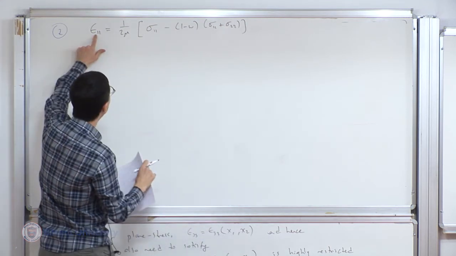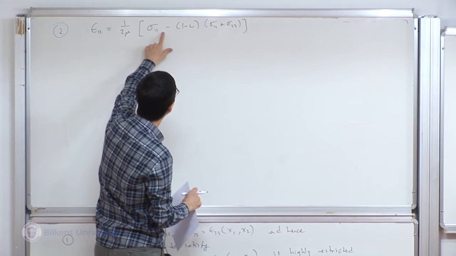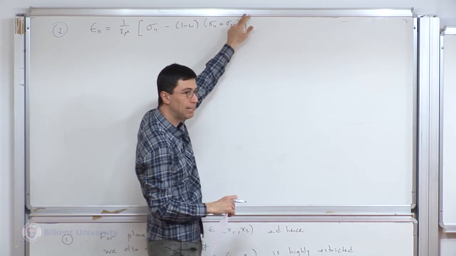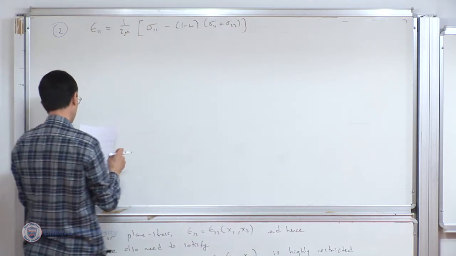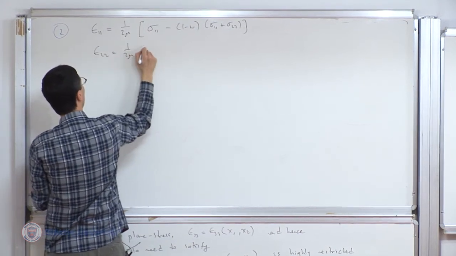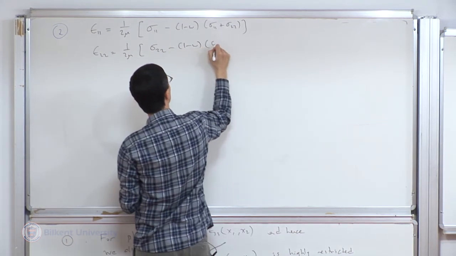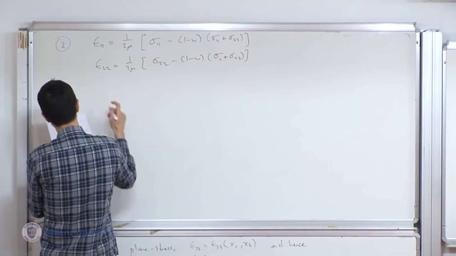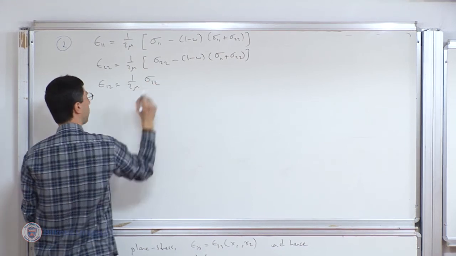So I had epsilon alpha beta equals 1 over 2 mu, sigma alpha beta minus 1 minus omega, that multiplying delta alpha beta. In this case, I'm looking at the 1,1 component. Delta alpha beta is 1, so that term is retained. Similarly, epsilon 2,2 is 1 over 2 mu, sigma 2,2 minus omega, sigma 1,1 plus 2,2. And finally, we have epsilon 1,2, which is always easy, 1 over 2 mu sigma 1,2.